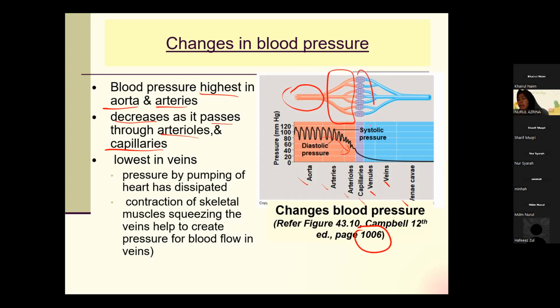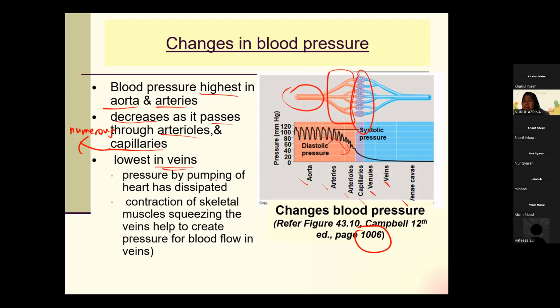Of course, in capillary the pressure will be very, very low because you have bundle or numerous number of capillary. Alright, so lagi kecil-kecil dia punya branches. Right, so pressure will be very, very low. Okay, and then the pressure is lowest in veins. Right, why?